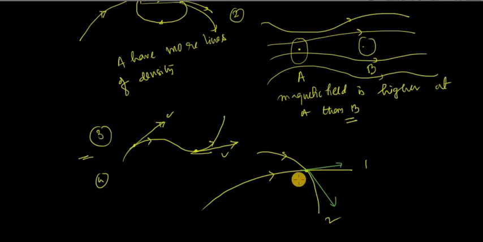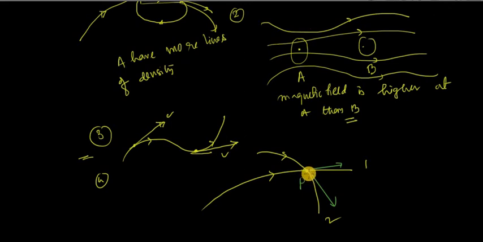At the point P you would have two directions of the magnetic field, and two directions of the magnetic field at a particular point is not possible.